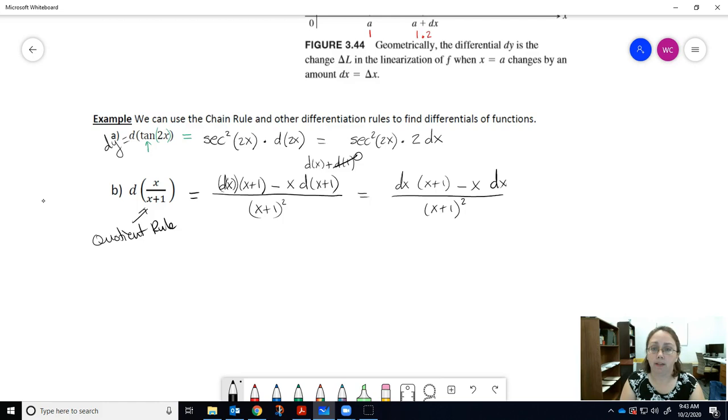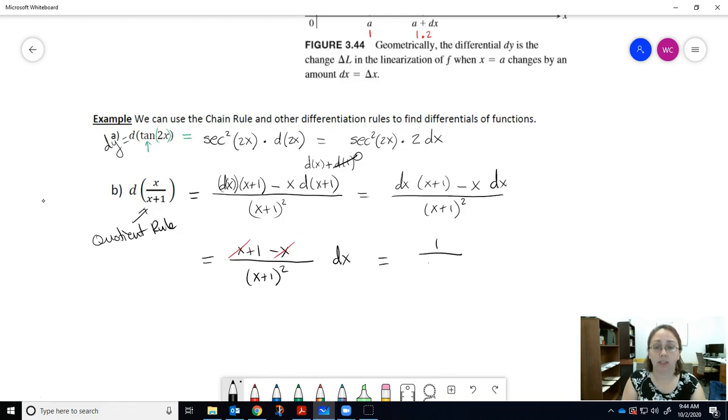Now, to find the differential, what we want is we want the dx to be at the end. So how can we achieve that? Well, we have two terms on top, and they both have dx. So what we can do is factor dx out of the top. So we're left with x plus 1 minus x over x plus 1 all squared. The x's we can simplify, and there you go.